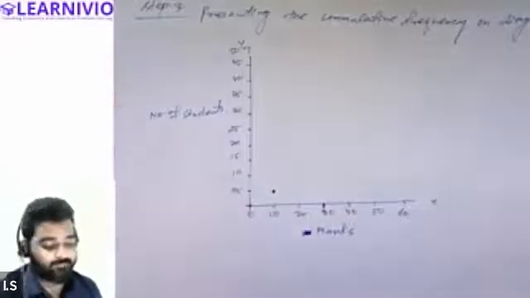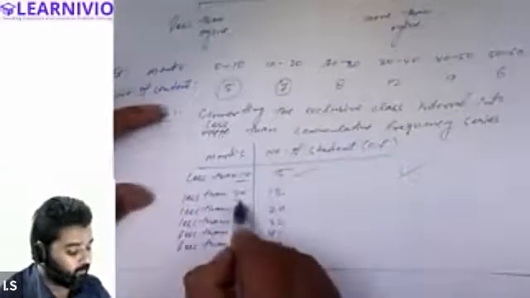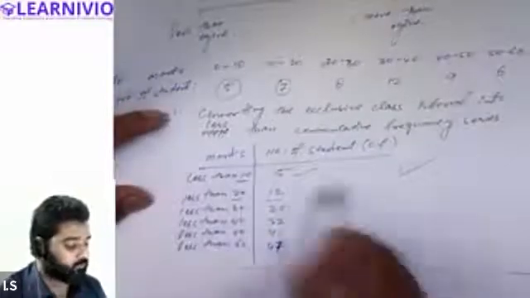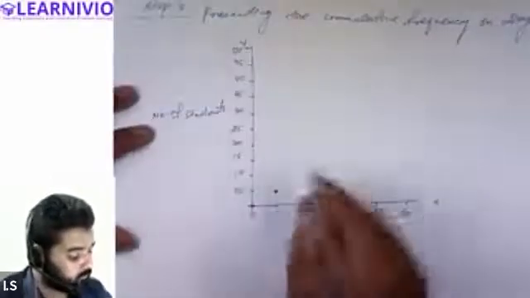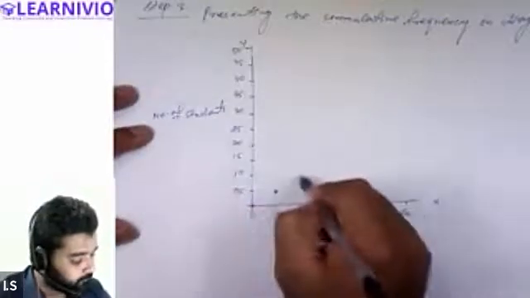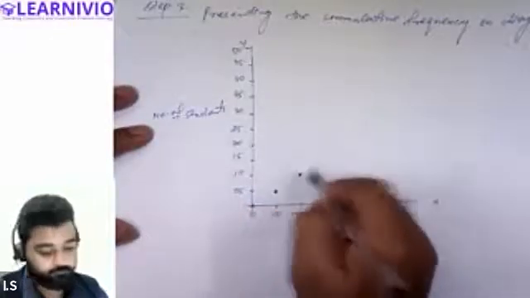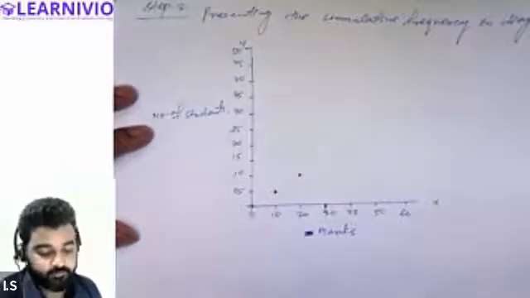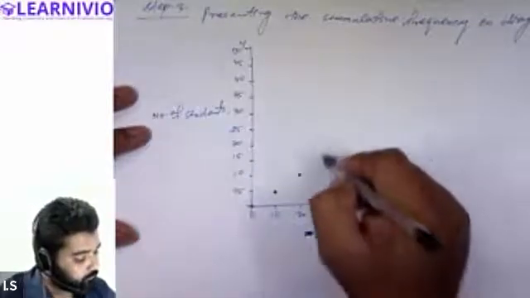Then for less than 20, it is 12, so 12 will be somewhere here. Then for 30, it is 20.